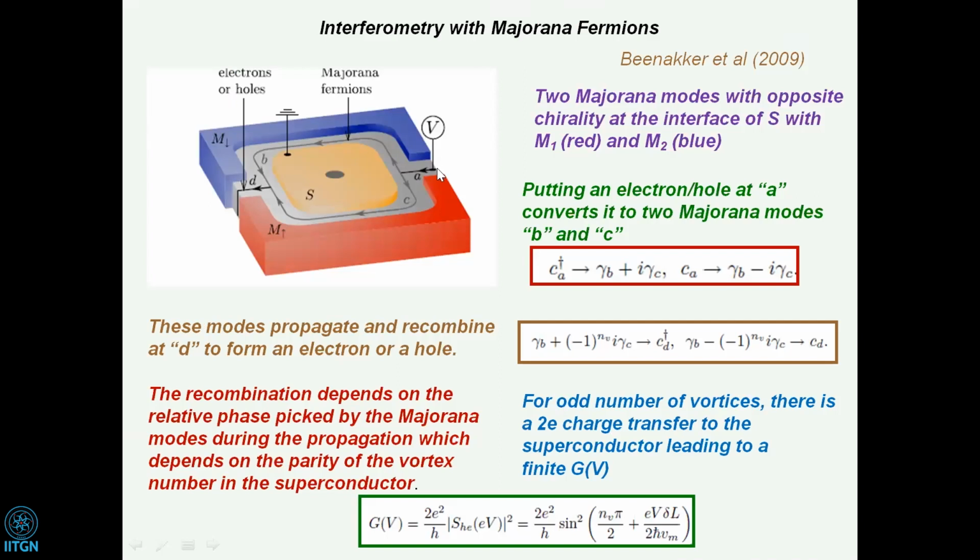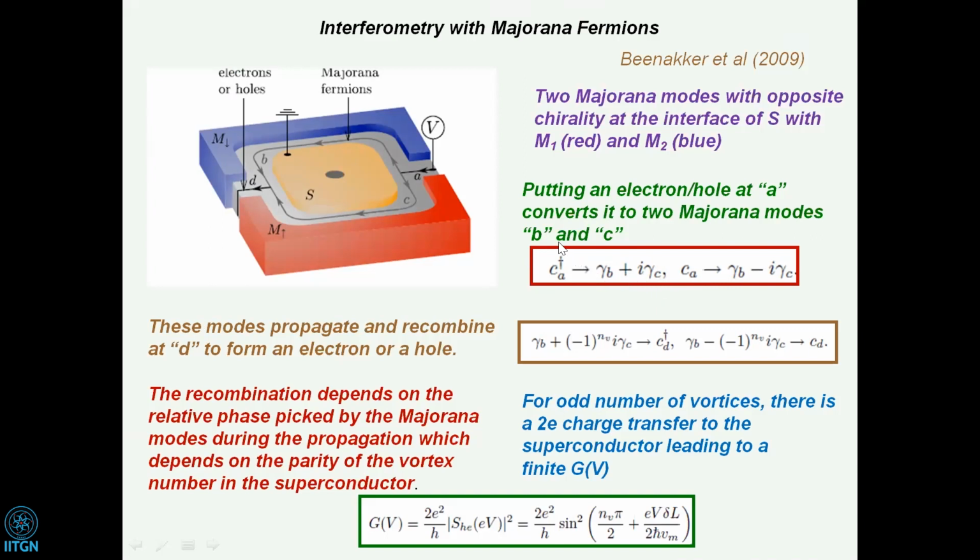Now here the electron splits into two Majoranas because, of course, in this region the electrons are not eigenstates, but the Majorana fermions are, and the electron splits up into two Majoranas B and C. Their wave functions are given by gamma B and gamma C, and the electron is a linear combination of this gamma B and gamma C. Okay.